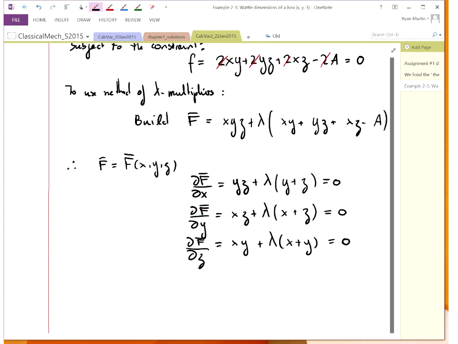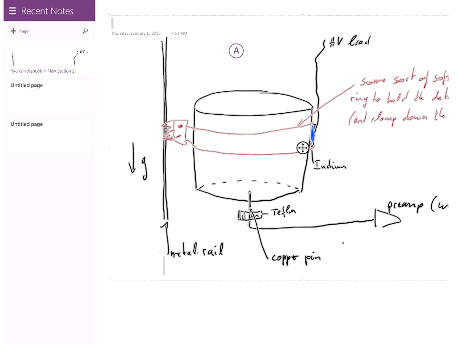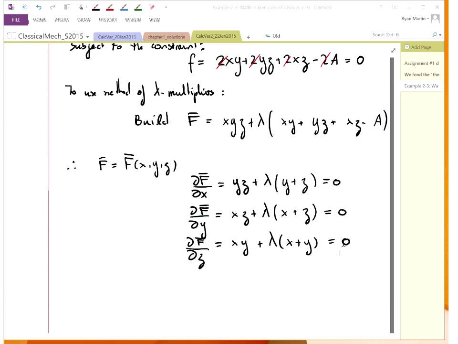So this gives us 3 equations, 4 unknowns, right? The 4 unknowns are x, y, z, and lambda. But the 4th equation is the constraint equation. Sorry for that.